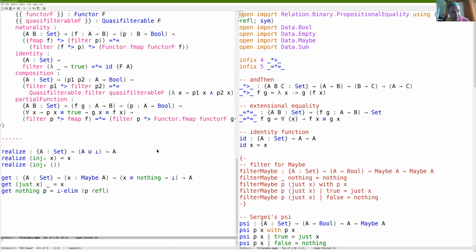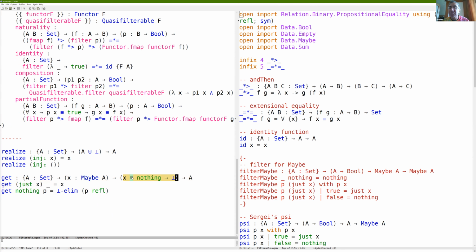All you have to do is have some extra information to prove that they are not partial. Right. And so, for example, you can do a version of get like this, where you have a maybe, but you also have a proof that the maybe isn't empty.